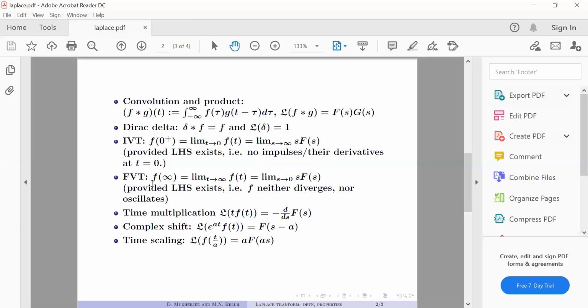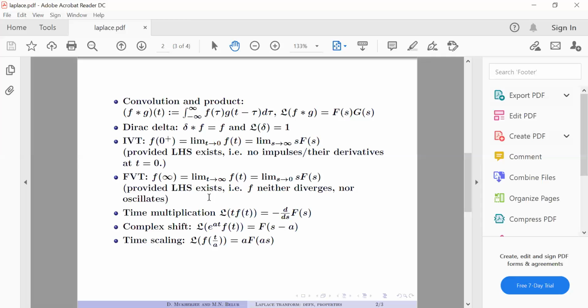Then the final value theorem. For the final value theorem, of course, you need to ensure that this function, this f of t in the time domain, neither diverges nor oscillates, because if it oscillates or diverges, then there's no point in talking about the final value, right? As you keep increasing t, if it's unbounded, the value will keep increasing. So there is no final value to which it settles.